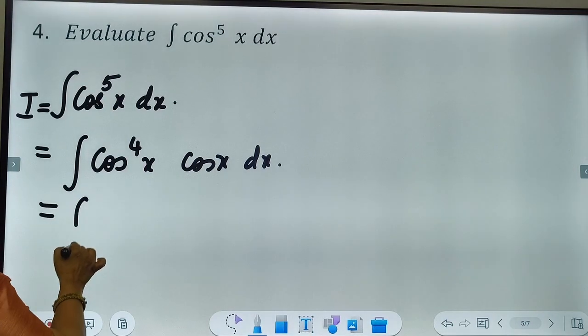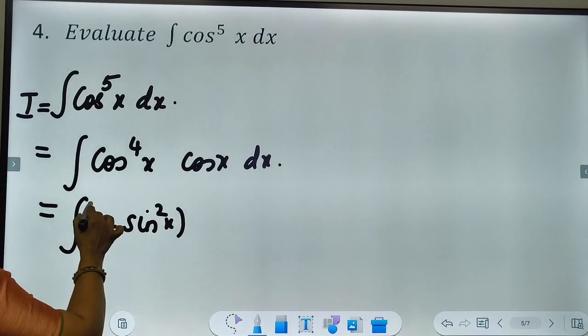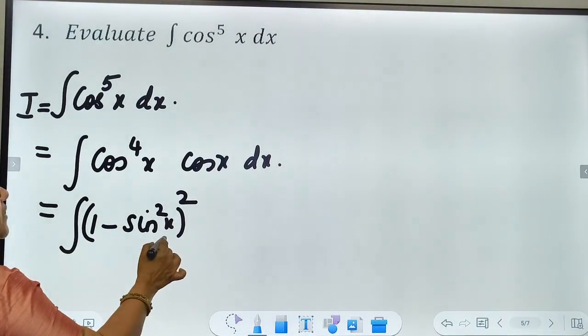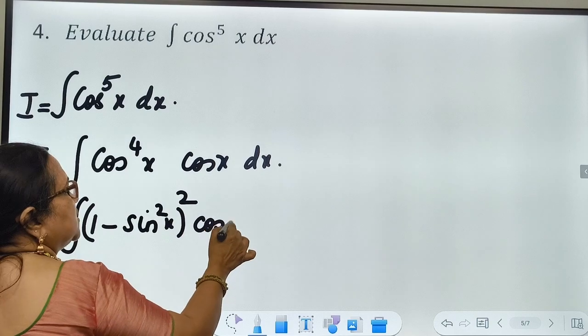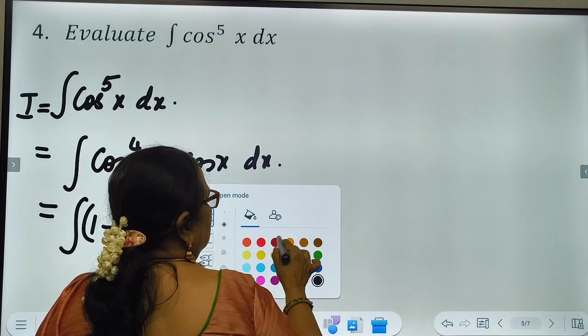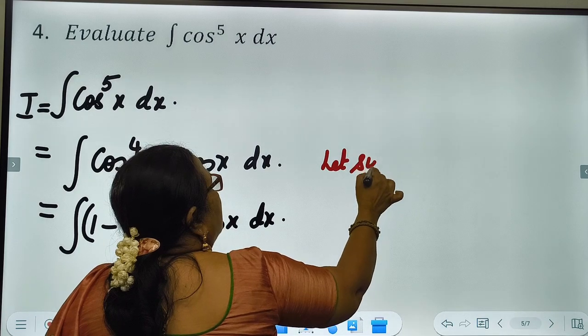So this is integral of 1 minus sin square x the whole square, because cos square x is 1 minus sin square x, into cos x dx. Let sin x be t.